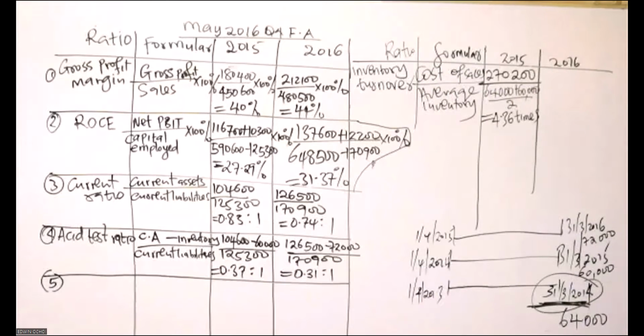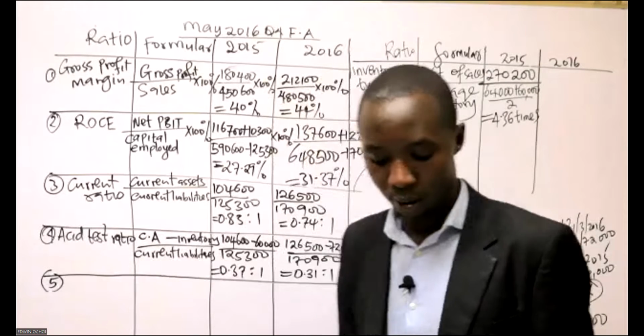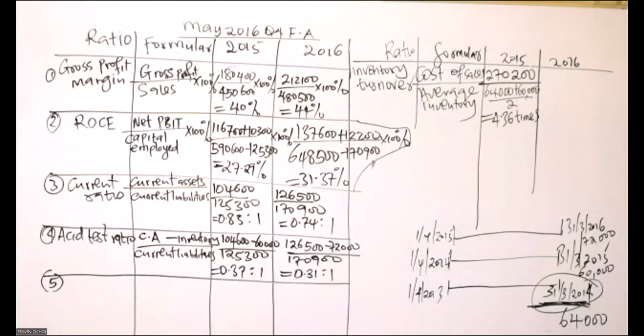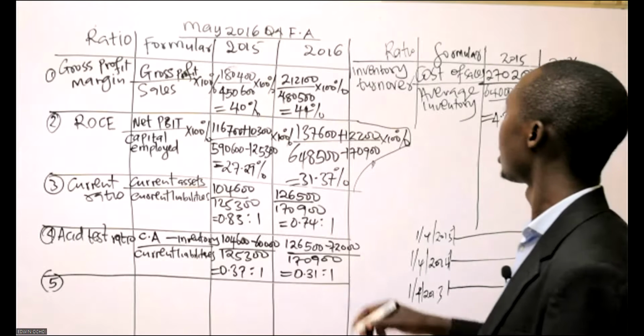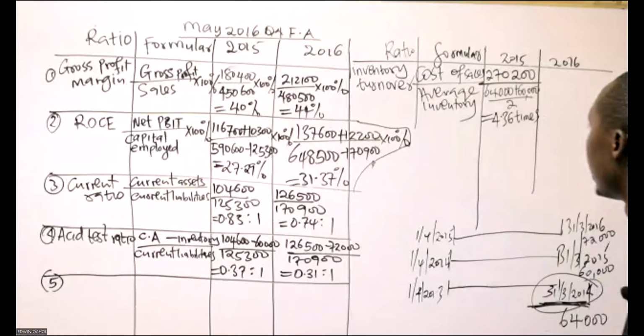So it measures how often the company replaces its inventory relative to its cost of sales. 4 times in a year.